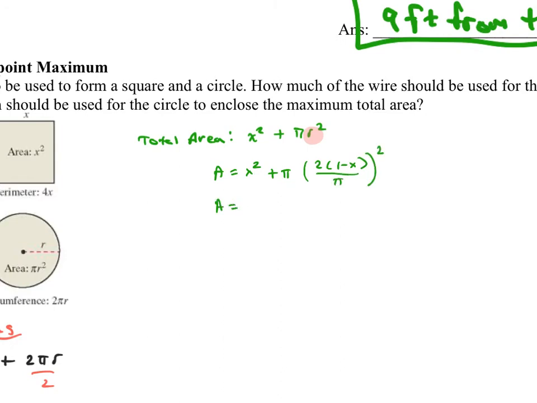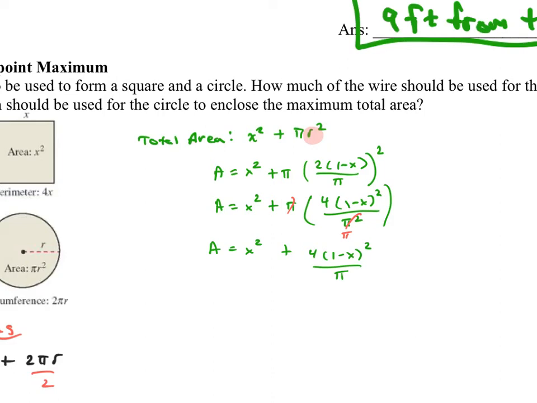So here we have a equals x squared plus pi times, well, let's square each one of those. 2 squared is 4. Then you'd have 1 minus x quantity squared, and that would be all over pi squared, right? But our pi's here can simplify. So what am I left with? I'm left with a equals x squared plus 4 times 1 minus x quantity squared all over pi.